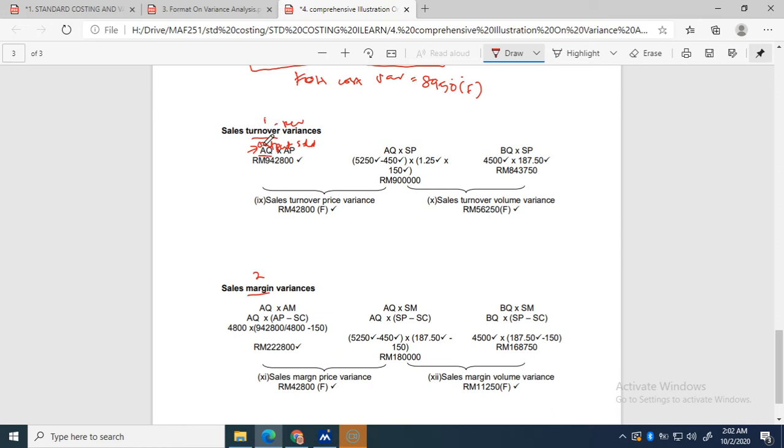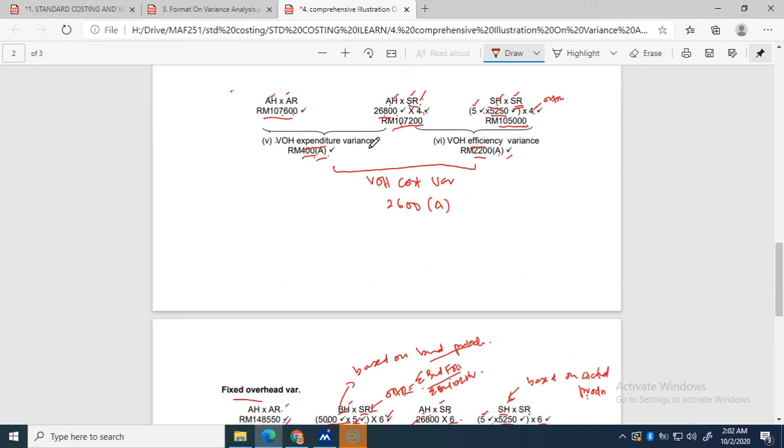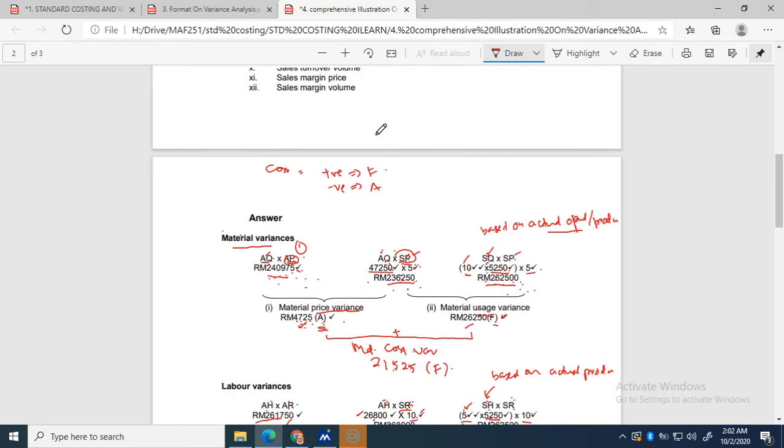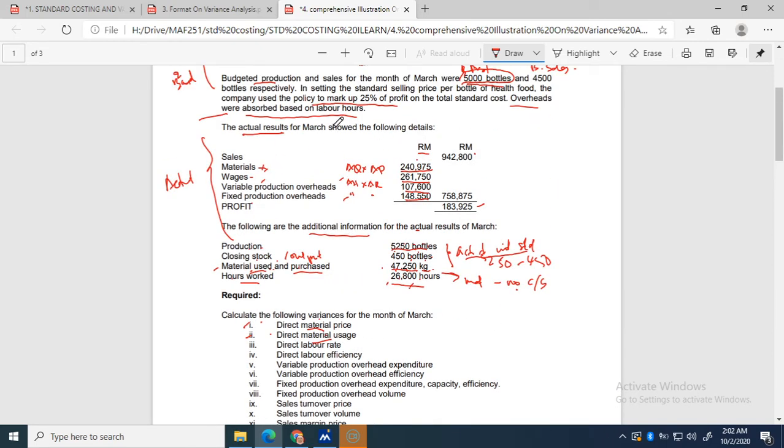But for sales, it is quantity sold, times the actual price that you sold to the customer. Based on the question, your actual quantity sold times the actual price is 942,800. So this is the total actual revenue.